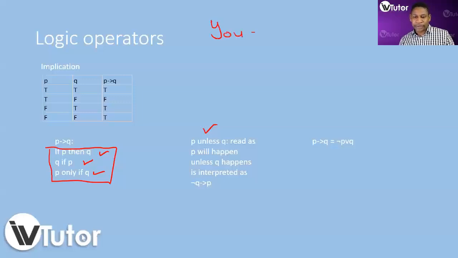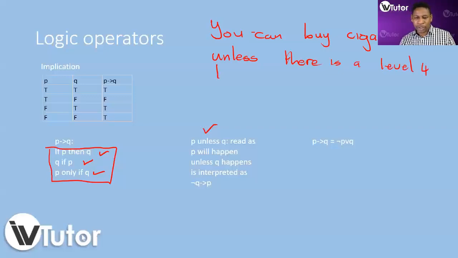You can buy cigarettes unless there is a level 4 lockdown. I'm sure you have seen that this has been getting so much attention in the press. You can buy cigarettes unless there is a lockdown.